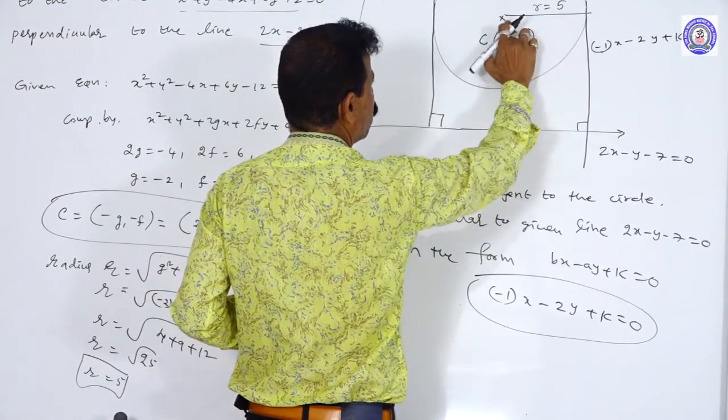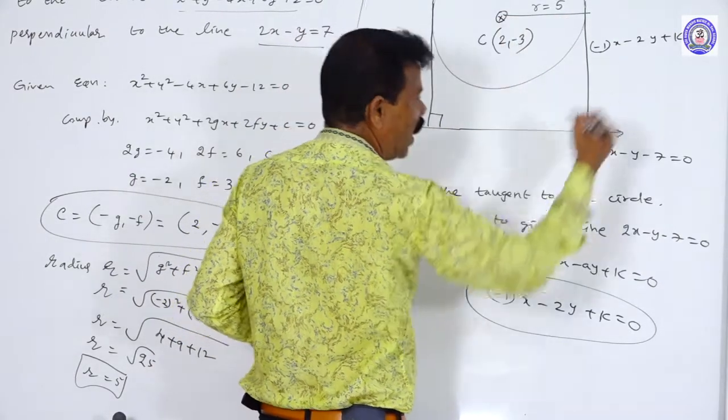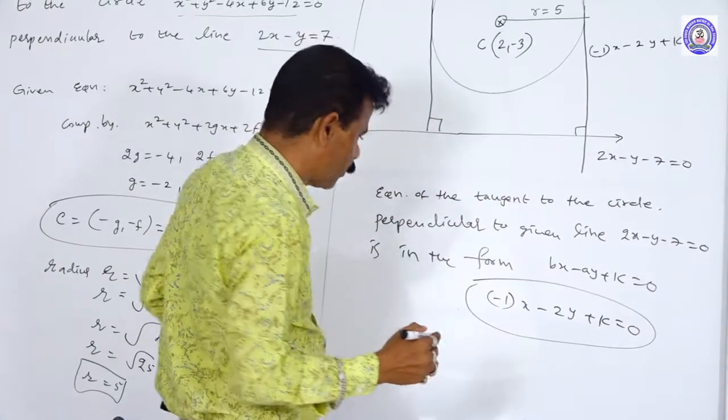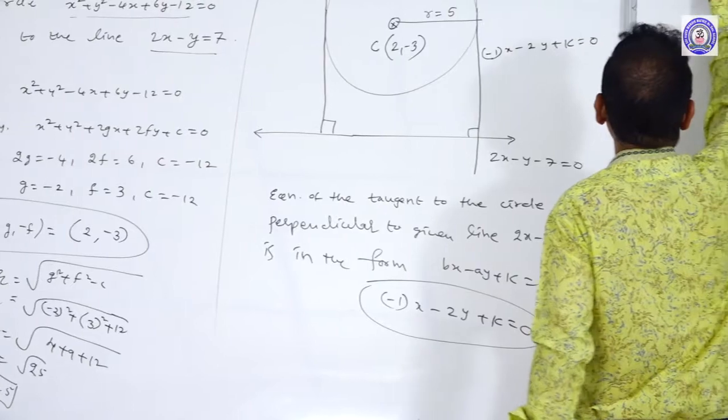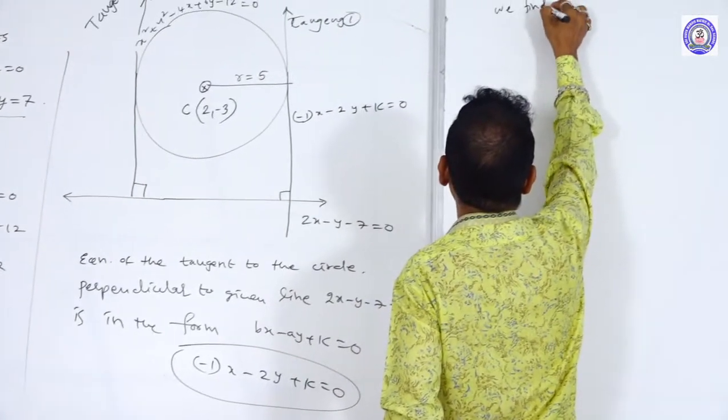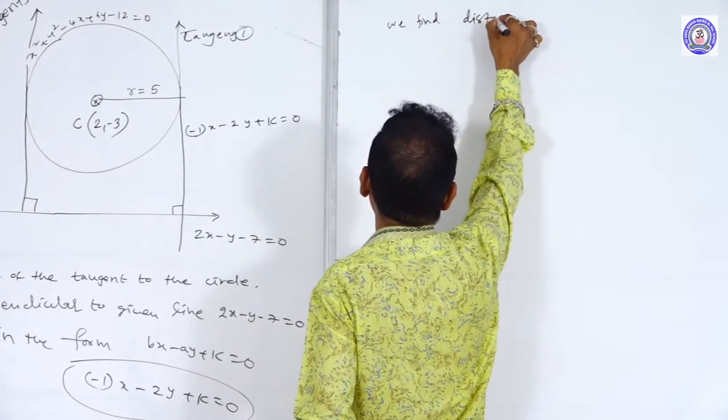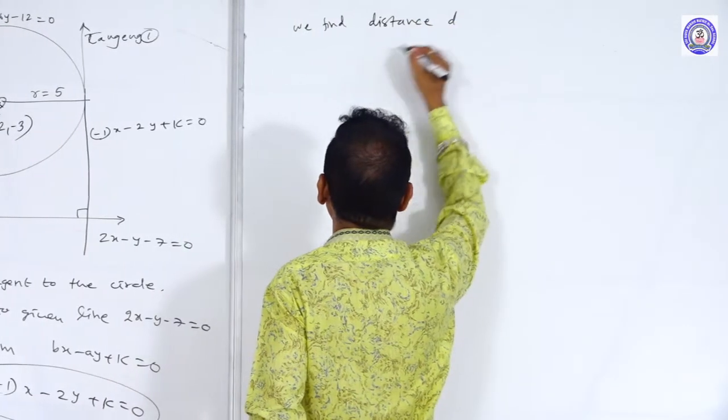Here the radius is equal to the perpendicular distance from C to the line. Here we find the distance d.